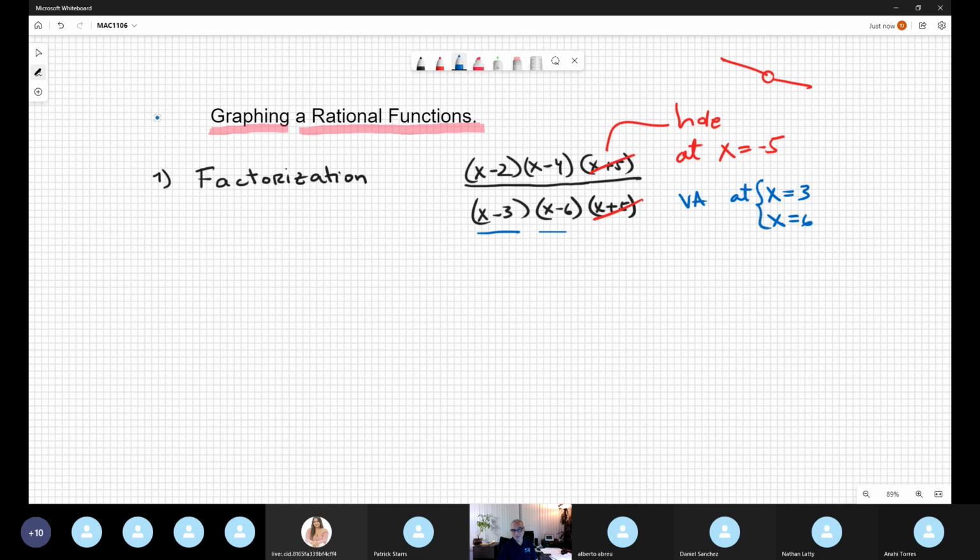That's a hypothetical example. Do you understand this first step, factorization, very well? Yes or no? Cool.